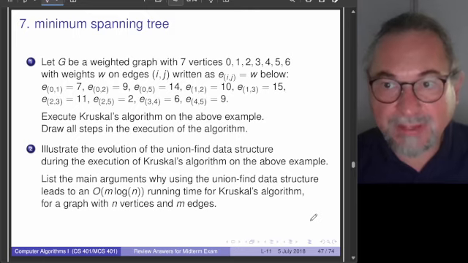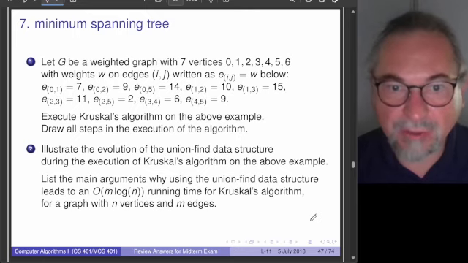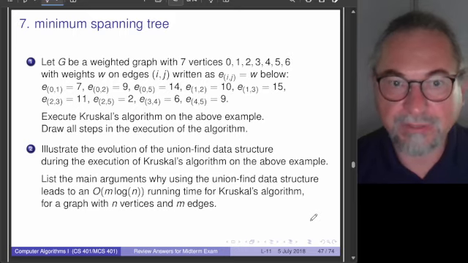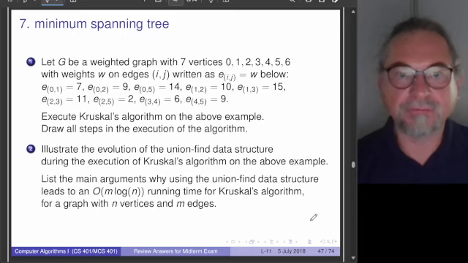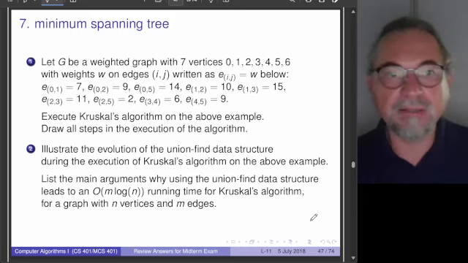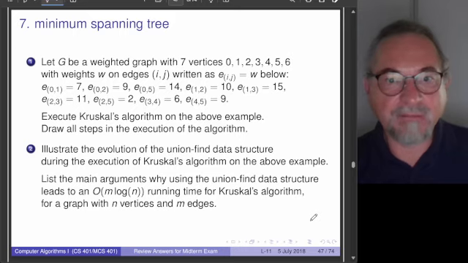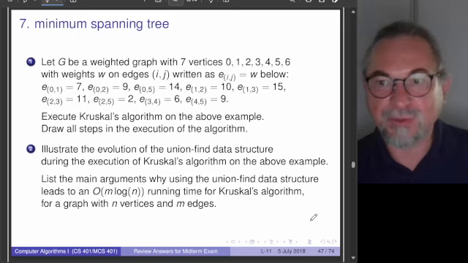For the minimum spanning trees, we have seen 3 algorithms. Here I'm running only through one of these algorithms, the algorithm of Kruskal. And I'm giving the same weighted graph as the one in Dijkstra's example.